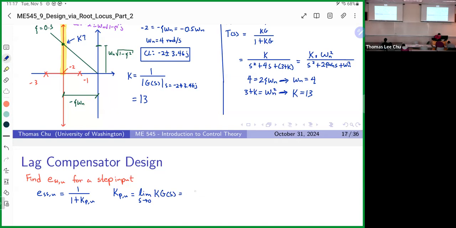So we get the limit as S goes to 0 of K over S plus 1 times S plus 3, which is equal to 13 over 3.